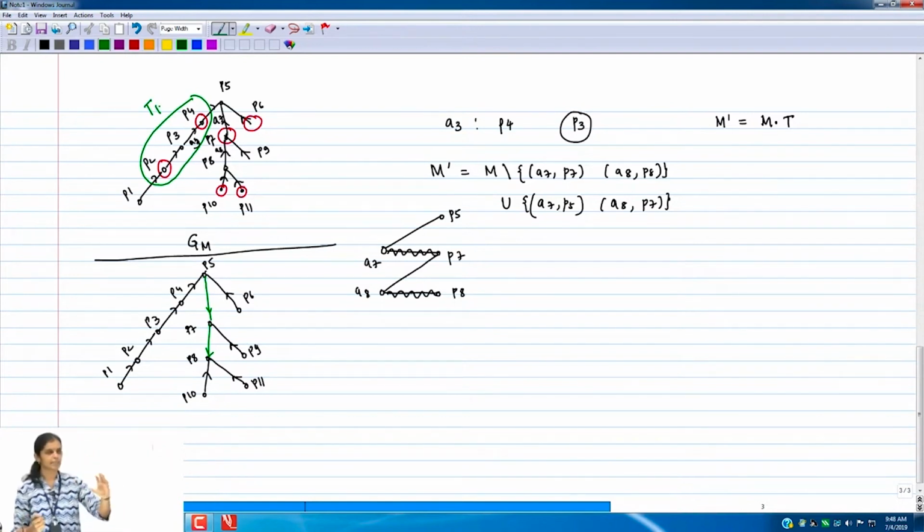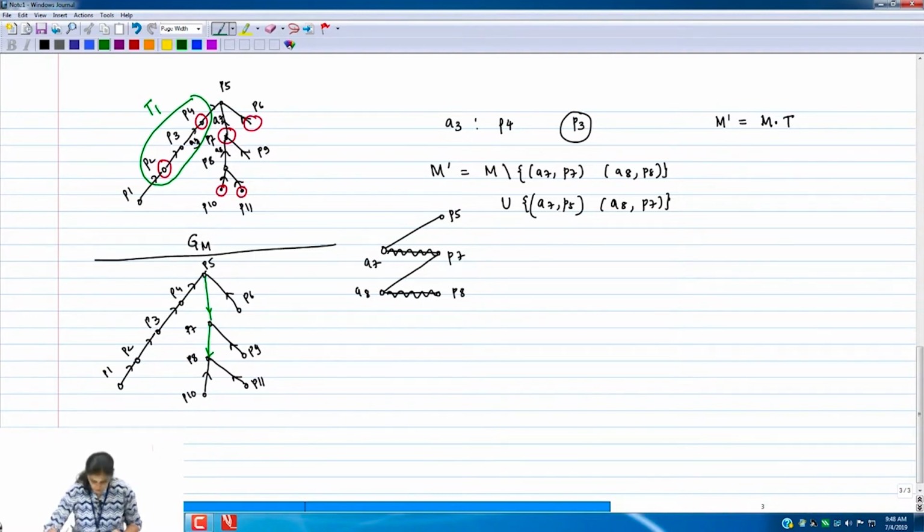Is there any other path somebody wants to suggest? We will see what happens with this path. Now I will let people volunteer rather than me volunteering people. Yes. P5, P7 and P9, okay.